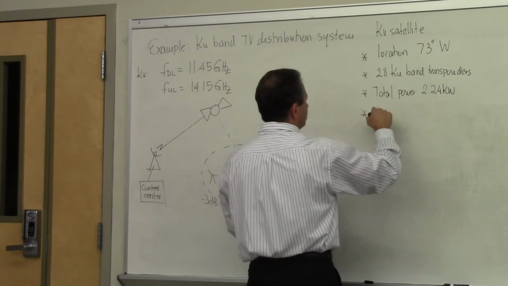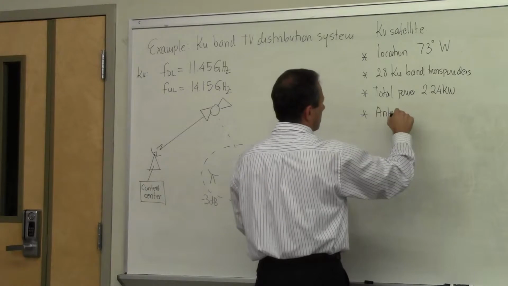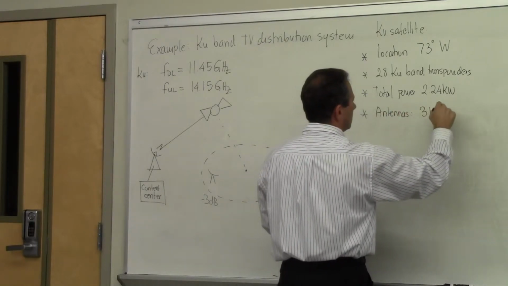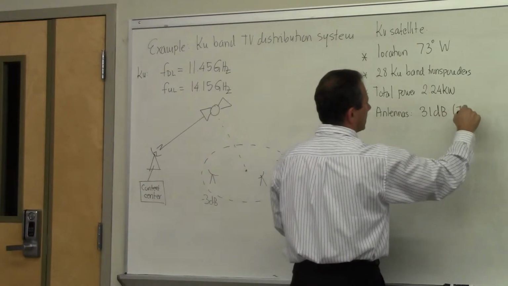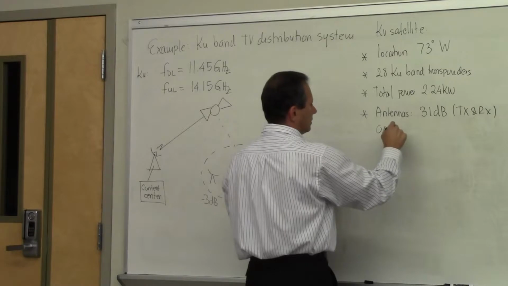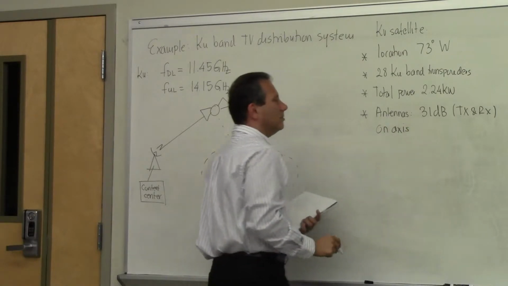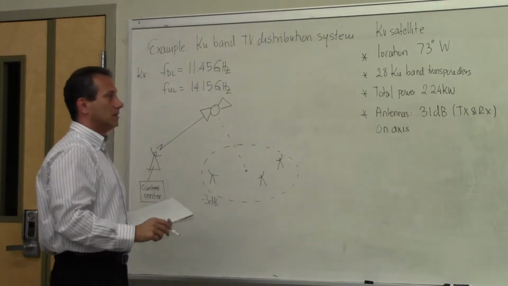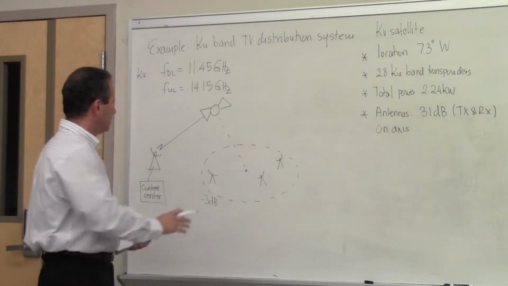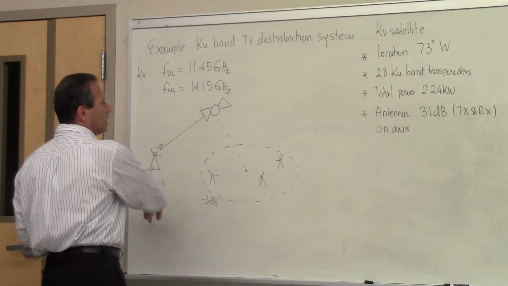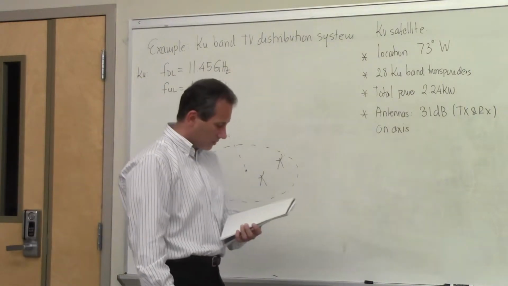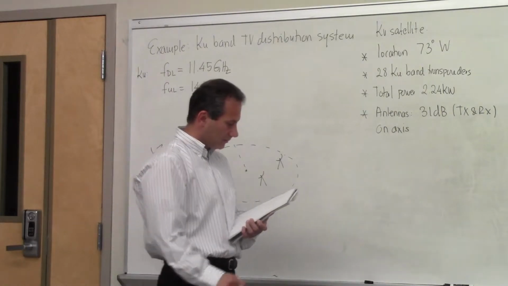Antenna gains are 31 dB, both TX and RX, and that's on axis, right? And so this is within the main beam, right? So that's the key thing here, because you have to compensate for the fact that both this hub and your users may not be within the main beam of your transmit and receive antennas.